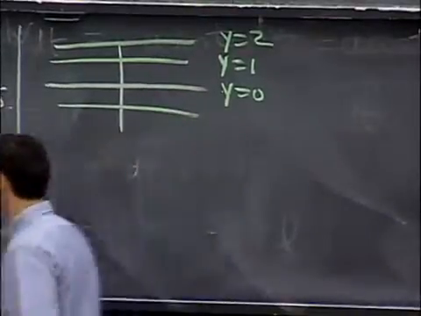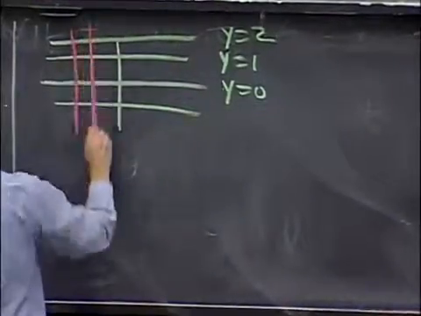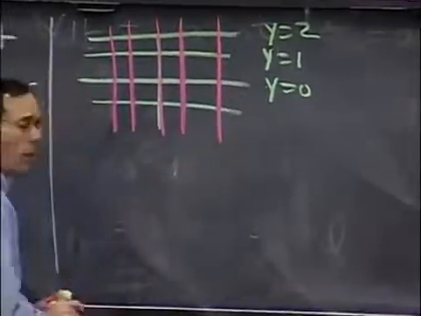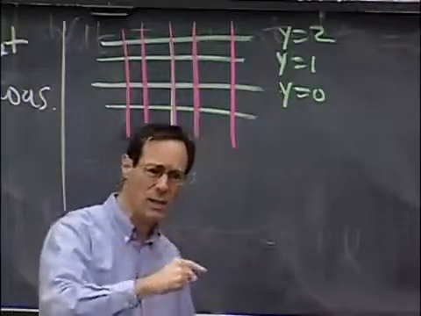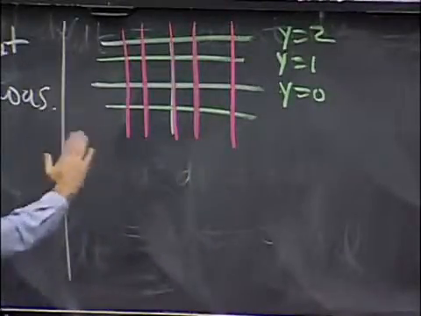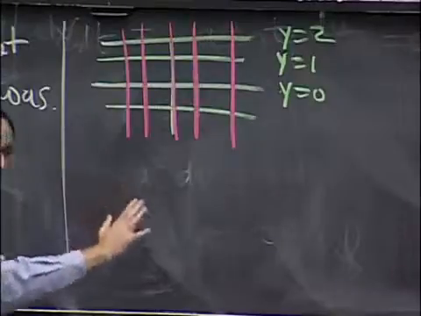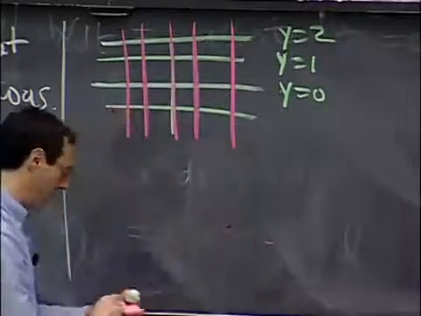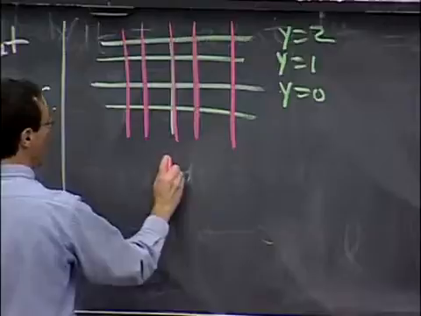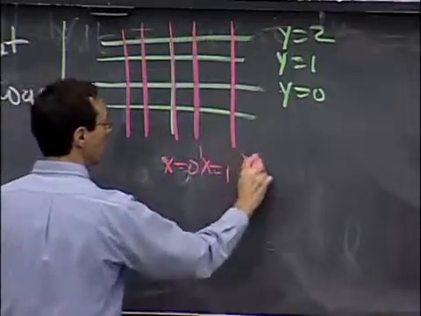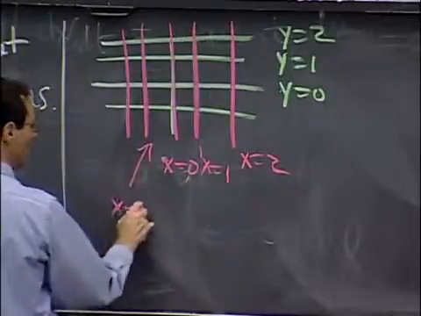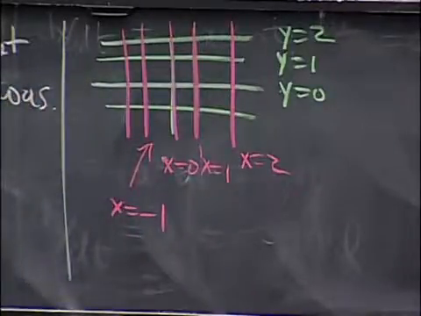And over here, we have the rest of the coordinate system. This is the way we're thinking of x and y now. We're no longer thinking of y as a function of x and x as a function of y. We're thinking of x as a label of a place in the plane and y as a label of a place in the plane. So here we have x equals 0, x equals 1, x equals 2, etc. Here's x equals -1, and so forth. All right, so that's what the rectangular coordinate system looks like.